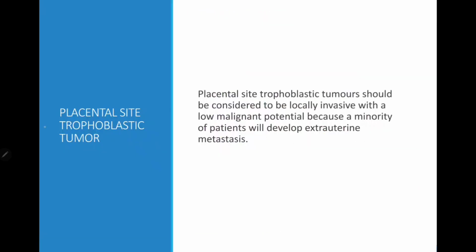Next, moving on to the third one, that is placental site trophoblastic tumor.